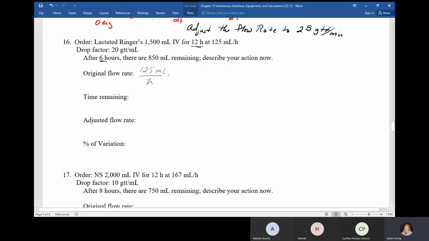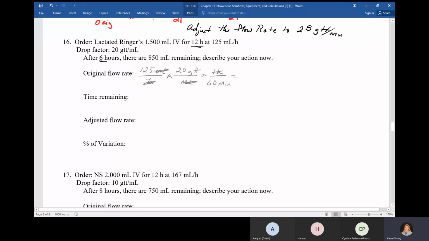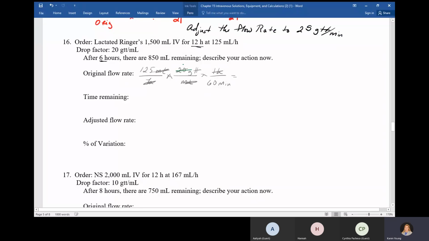I'm going to do the long way first. I'll do the shortcut next. Over my drop factor, which is 20 drops per milliliter, times my 1 hour over 60 minutes. So my milliliters cancel, my hours cancel, and I know 20 goes into 20 once, 20 goes into 60 three times.